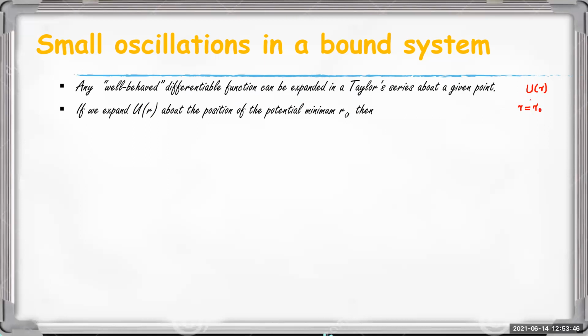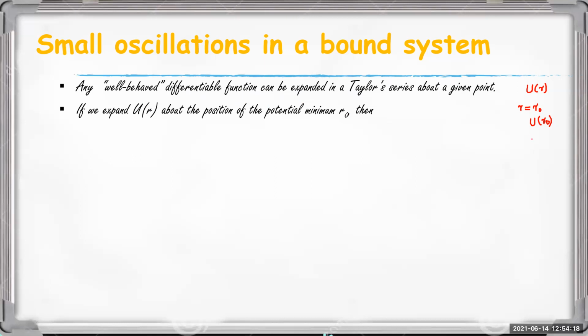You know about the potential energy at that position, u of r0. U of r0 is known. Here at that point the potential energy is minimum. And here you have to obtain u of r. Actually, here the difference between r and r0.